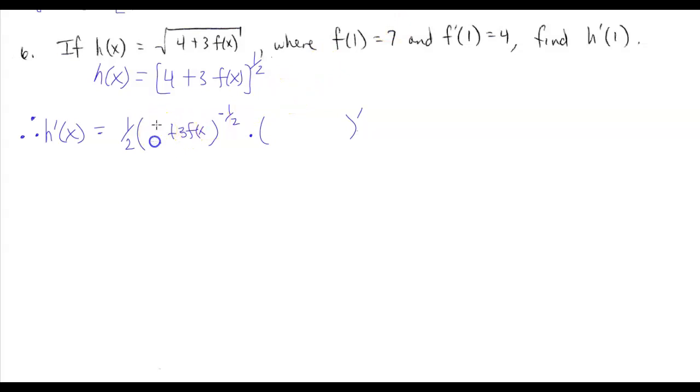Let's try that again. Okay, and then same deal here, 4 plus 3 times f of x. All right, and so for here, this will just be 1 over 2 divided by square root of 4 plus 3 times f of x.